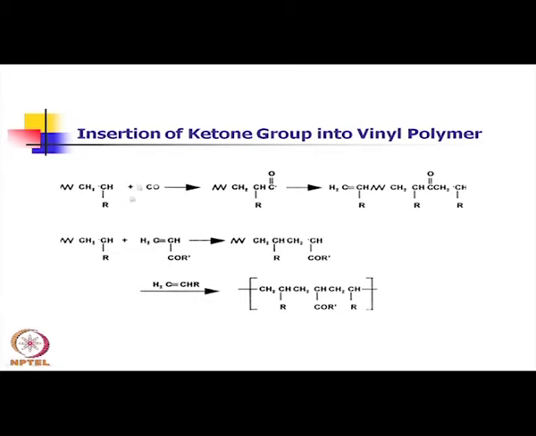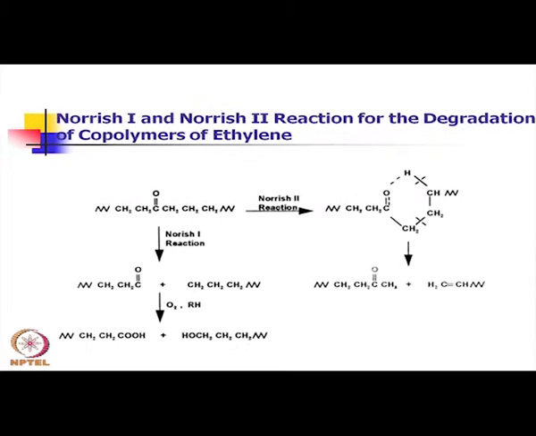Similarly, a ketone group can also be inserted in a vinyl polymer, and here you see some CO group has been inserted by this way of chemical reaction, and such insertion of a ketone group can also help degradation of vinyl polymers.